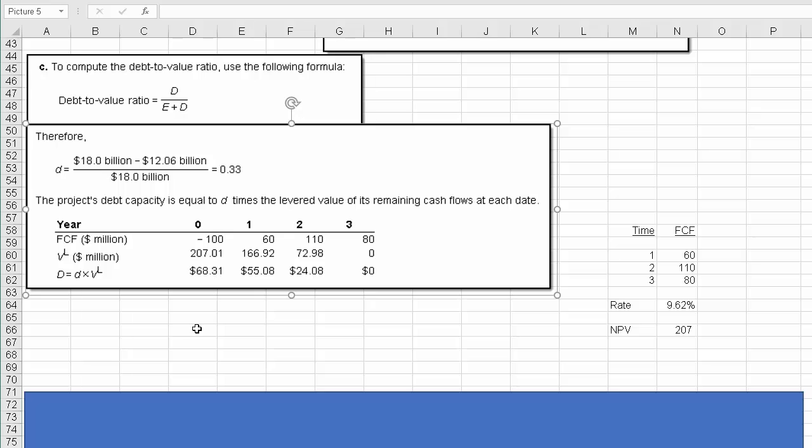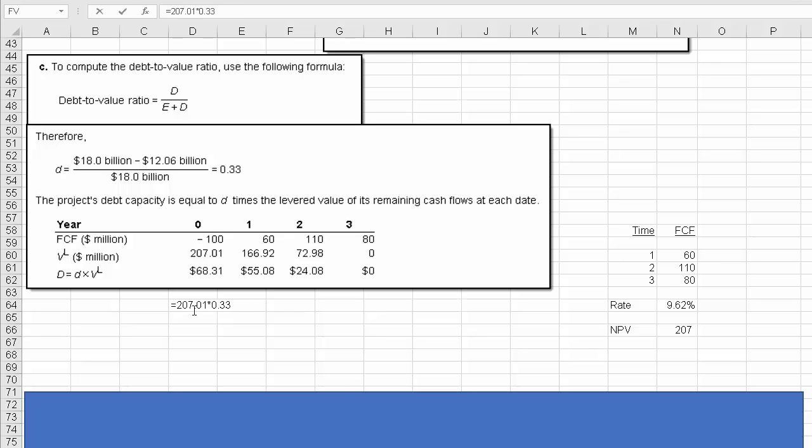Now, this part, the 207.01 was the net present value of the future cash flows. Okay? So, what are we doing here? Okay, so what we're doing is multiplying the 207.01 times the 0.33. That's how we come up with 68.31.